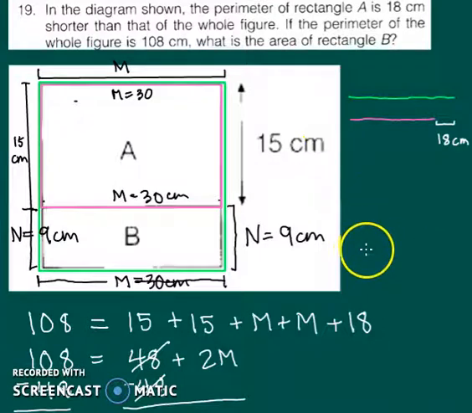Do I have all the dimensions that I need now? What is the question asking? What is the area of rectangle B? What are the ingredients that I need in order to find an area? I need a length and a width, and I have both. So in order to find the area of rectangle B, I'm going to multiply 30 by 9.